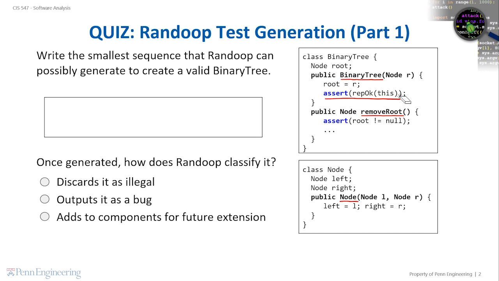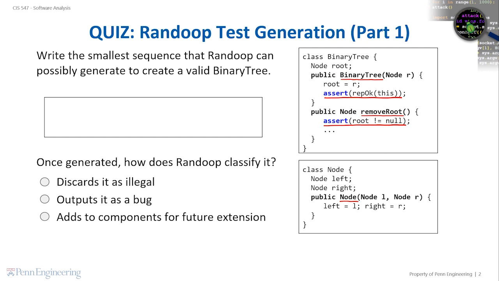Next, write the smallest sequence that Randoop can generate, which will violate the assertion in the removeRoot method. Then, decide how Randoop will classify the sequence generated. Because the assert statement in the removeRoot method fails only if the tree's root is null, we must first create a binary tree with a null root.